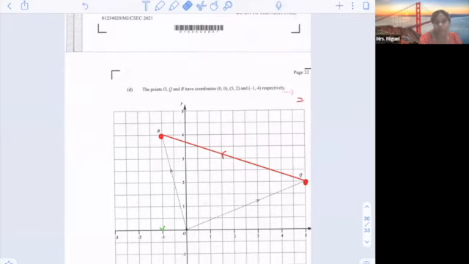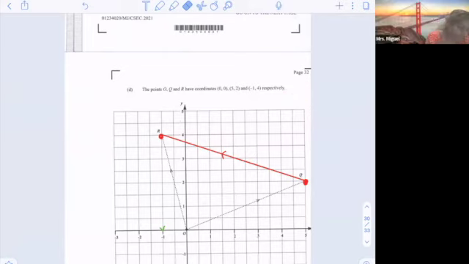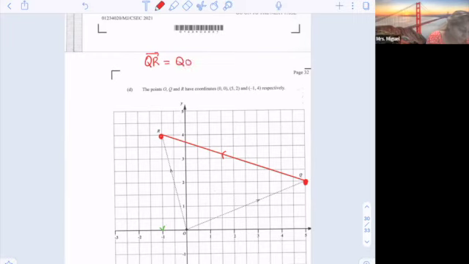If you start walking at Q, Bridget, and you want to reach R, where must you travel? You have to go from Q to O. So QR, you're going from Q to O and then from O to R. You see that?